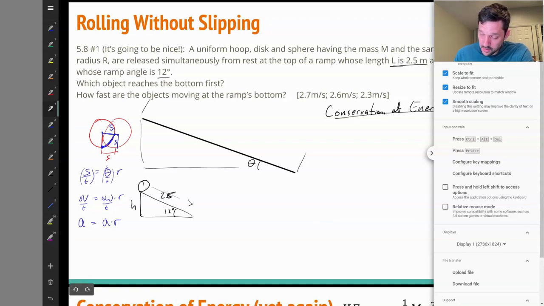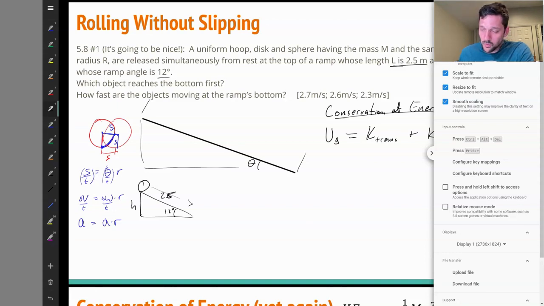And in this case, we're starting with gravitational potential energy, and that is going to turn into one part that's super obvious, kinetic energy of translation. But the new piece that we're adding is the fact that because it's also rotating, there's also some rotational kinetic energy at play.